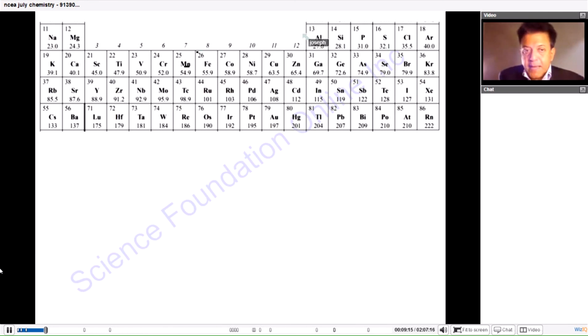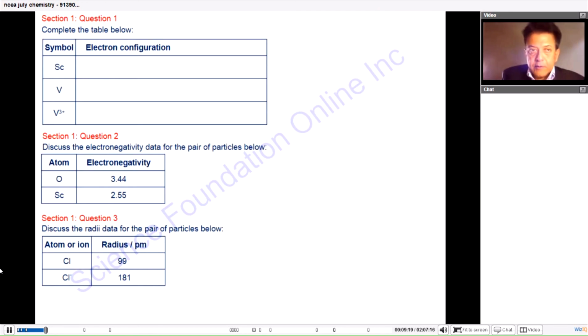So returning back to the previous slide, where I will write this down now, we could write it this way: 1s2, 2s2, 2p6, then we come to 3s2, 3p6.